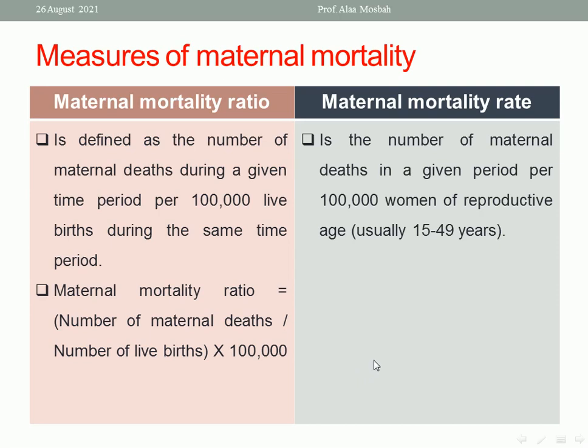It is the number of maternal deaths in a given period per 100,000 women of reproductive age. So the difference here: in the ratio it is the number of maternal deaths per 100,000 live births, but in the rate it is the number of maternal deaths per 100,000 women of reproductive age. Okay, notice the difference.